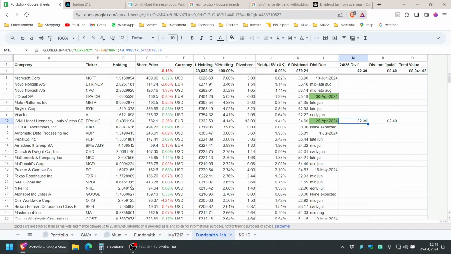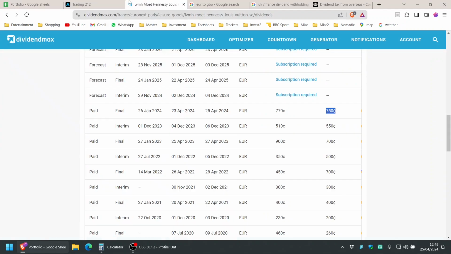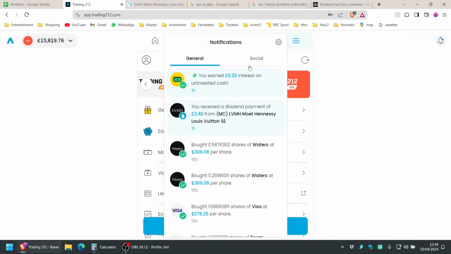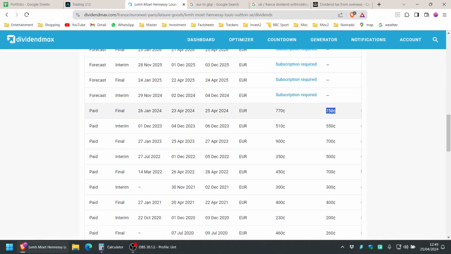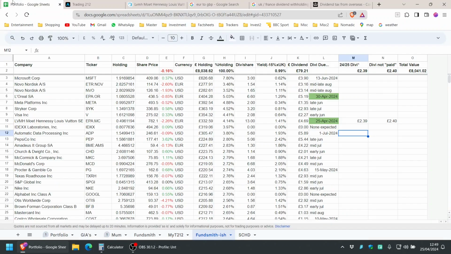Alright gang, so I'm about to make my European purchases, but this morning I got my first dividend from LVMH. So I've been paid £2.40 and the dividend is €7.50. I think it's cents, isn't it, for euros, the decimal. So if I put that into my spreadsheet here, that's the amount I have been paid, £2.40.